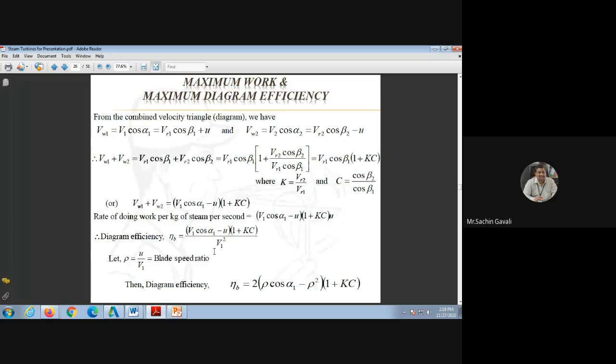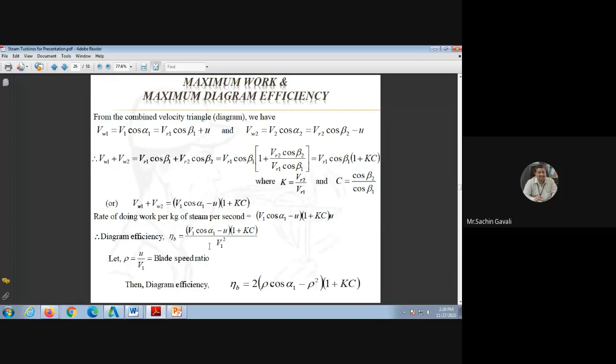Here 2 is missing, sorry, there is a mistake. 2 is missing: V1 cos alpha 1 minus U into bracket 1 plus KC. That is actually 2 into U, VW1 plus VW2 divided by V1 square. So here U is missing, actually I have made a mistake.